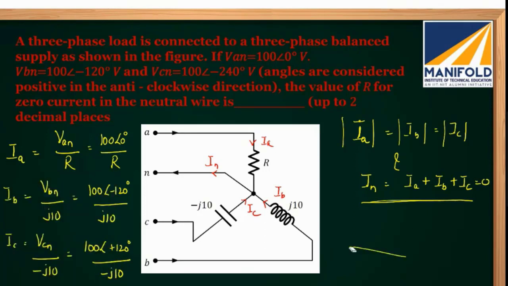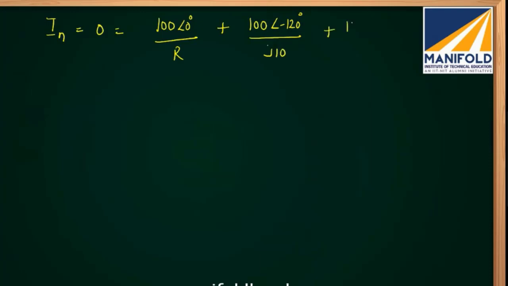So IN, that is equal to 0, is equal to 100 at an angle 0 by R plus 100 at an angle minus 120 divided by J10 plus 100 at an angle plus 120 degrees divided by minus J10.